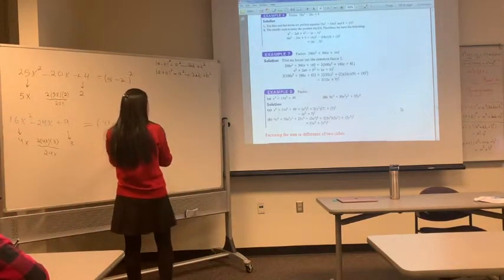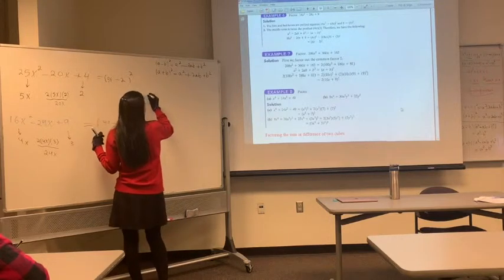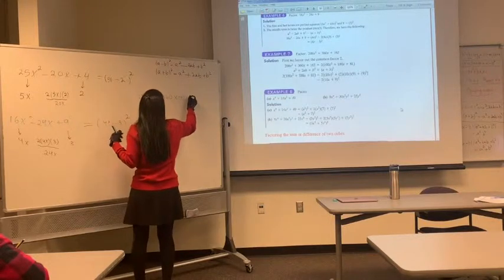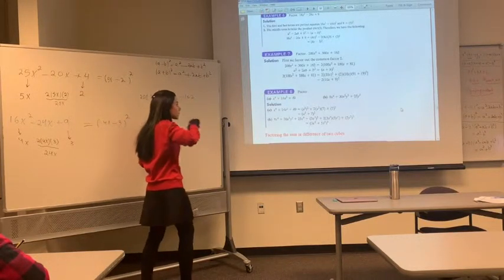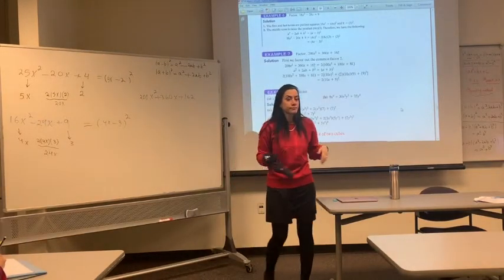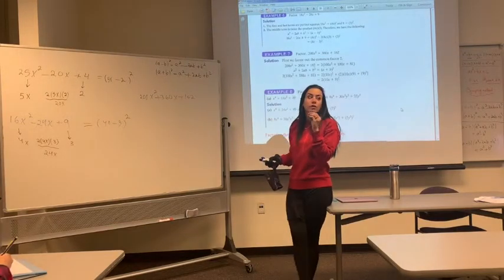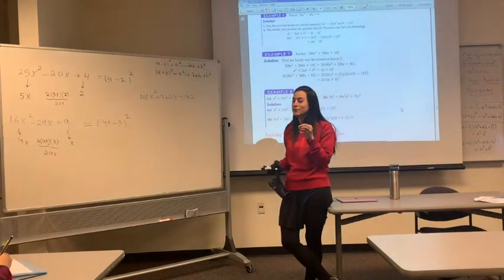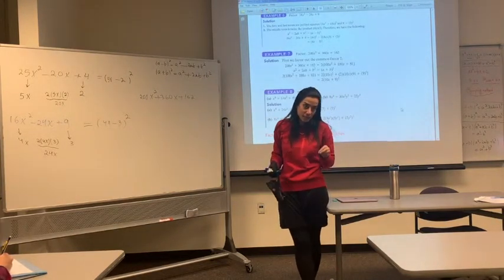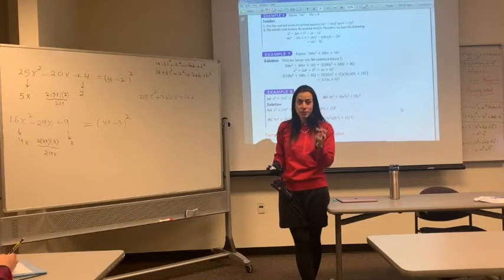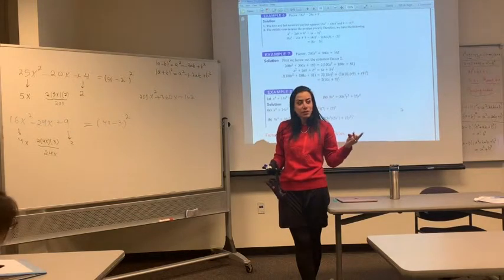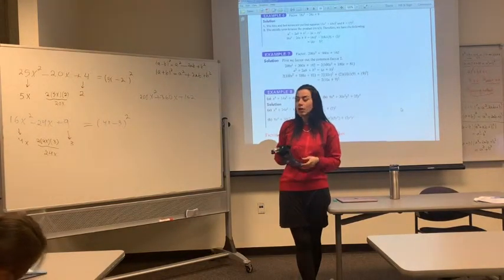So the other question says we have 200x squared plus 360x plus 162. To solve any polynomial, first of all, check to see if there is any common factor between all the terms. This common factor can be just a constant, just a variable, or a combination of constant and variable. So you always should check.